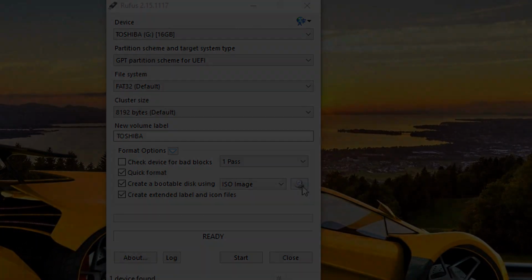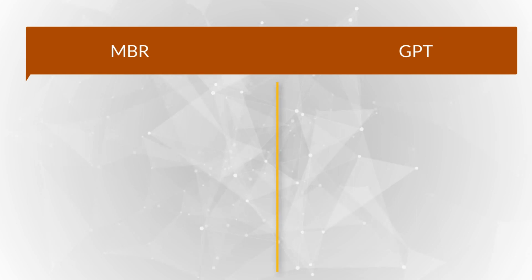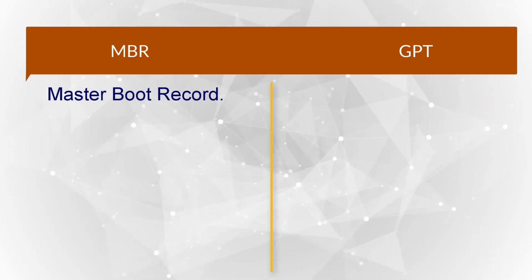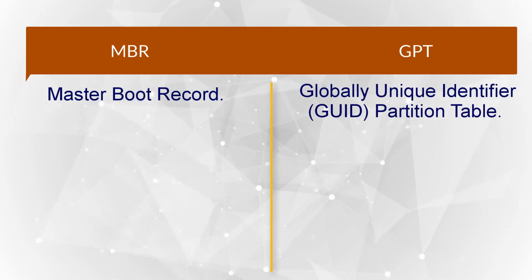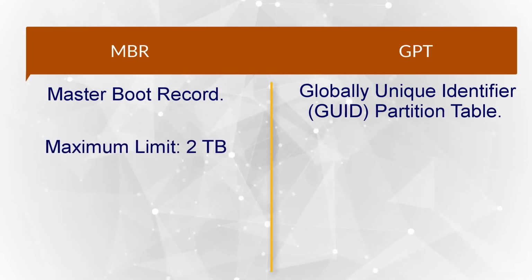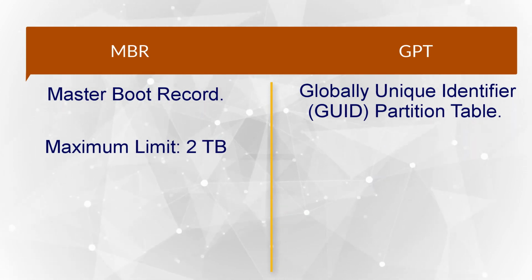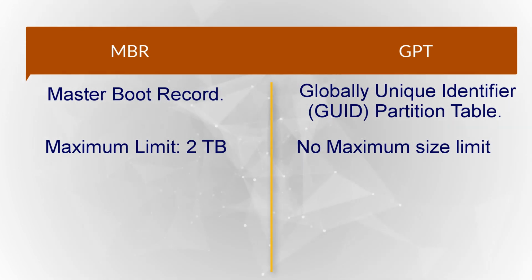At first, we will be making a comparison between the two partition schemes, MBR and GPT. MBR stands for Master Boot Record, while GPT stands for Globally Unique Identifier Partition Table. Maximum limit, 2 TB: MBR only works with disks up to 2 TB in size. No maximum size limit: GPT can work with disks of almost any size.